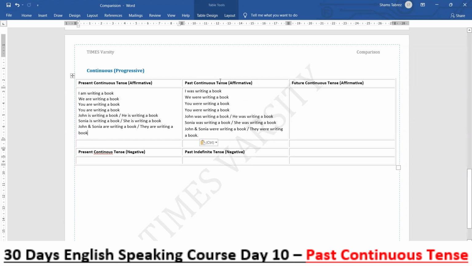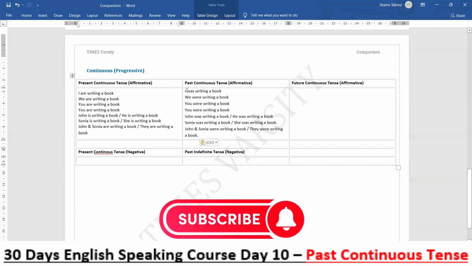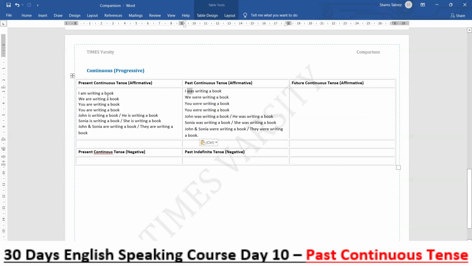However, in past continuous, other helping verbs like was and were are used, and the verb's ing form remains the same. So here it was, I am writing a book. This was present continuous affirmative. And in past continuous affirmative, I was writing a book. There is only a change in the helping verb. The rest of the words remain the same.